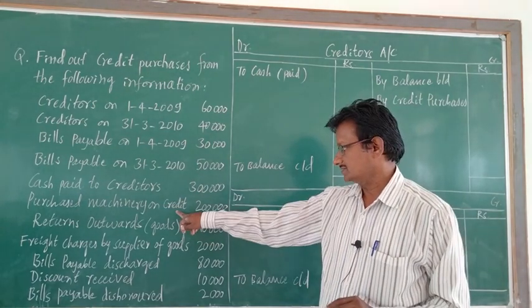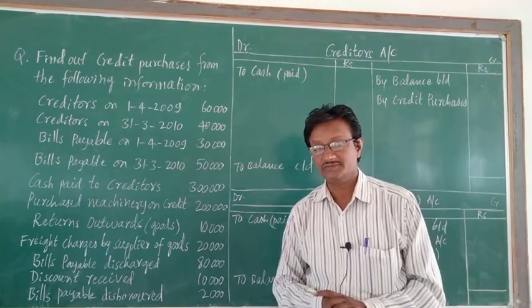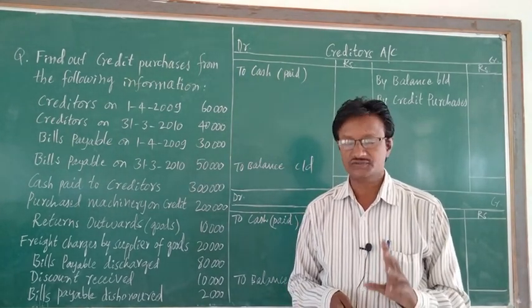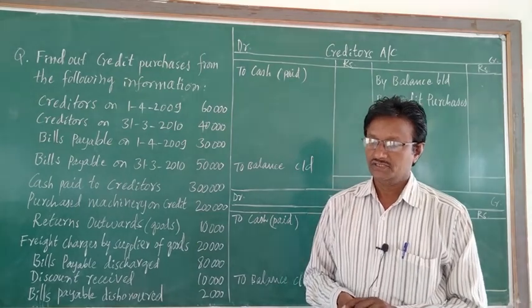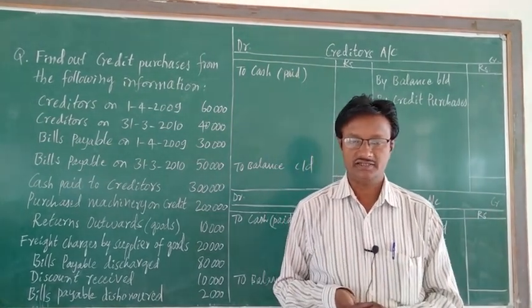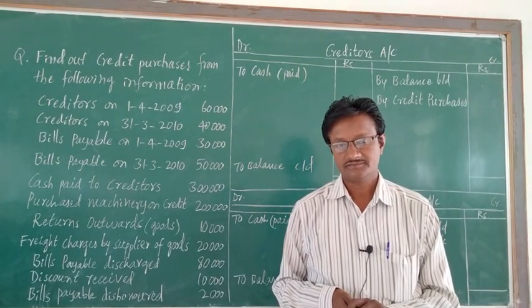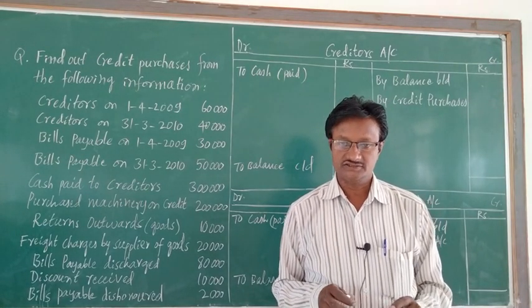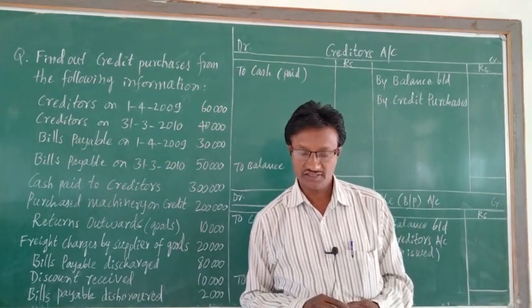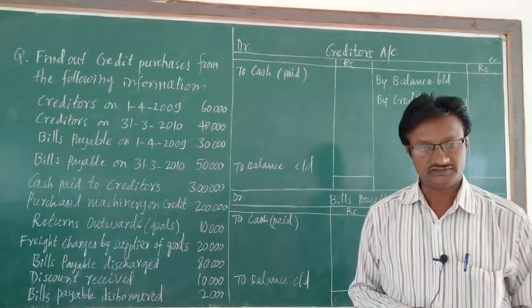This transaction pertains to purchase of asset on credit and not purchases of goods on credit. So creditors accounts and debtors accounts are maintained only for recording transactions pertaining to goods supplied or goods sold, and not for purchase of asset on credit.